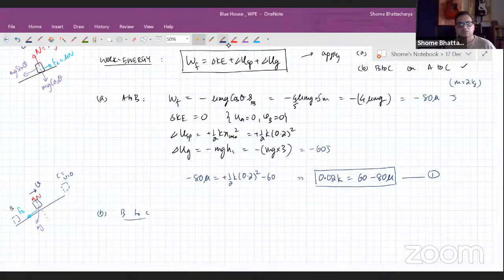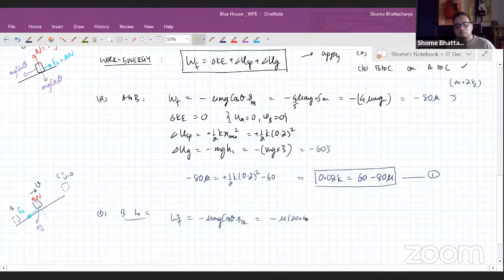But anyway, work done by friction will be minus mu mg cos theta into the displacement from B to C. This time it will be 1 meter displacement, so it will be equal to minus 16 mu in joules.